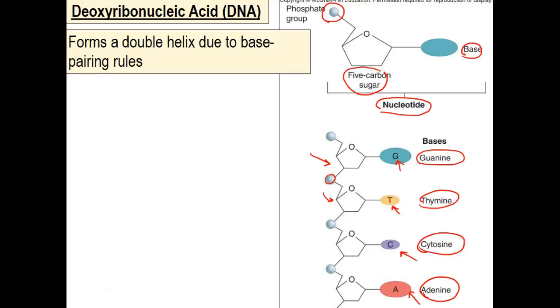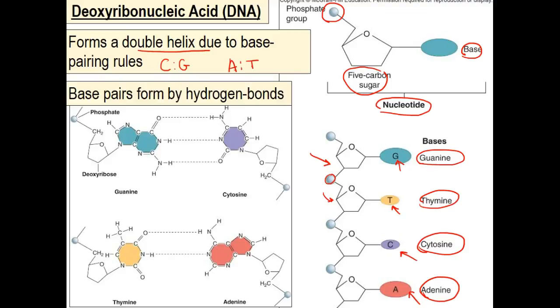The bases of DNA are guanine, designated by G, thymine, T, cytosine, C, and adenine, A. And DNA can form a double helix due to base pairing rules. C bonds with G, and the base pairs are made by hydrogen bonds, and A bonds with T. These are the base pairing rules.